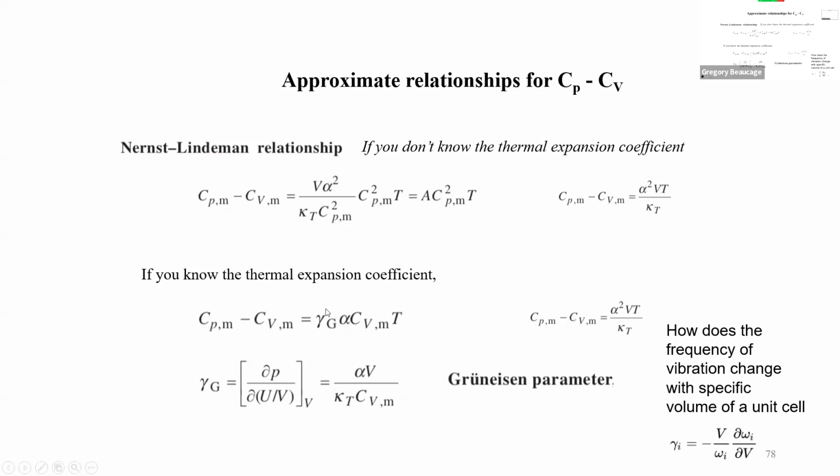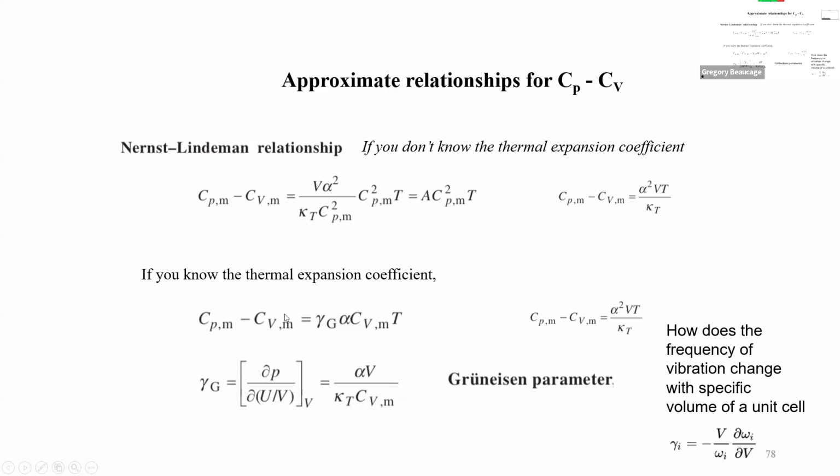So you can look up that parameter for different materials and get the difference, in the case where you don't know the compressibility but you know the thermal expansion coefficient. CV is the thing you can get from theory, like Einstein or Debye, and then you want to get CP.